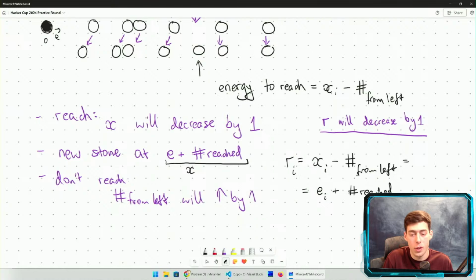But what's its index from the left? That's just the number of stones it reached plus 1, right? Its index from the left is the number of stones it reached, plus 1, because all the stones it reached, it jumped over. So minus number reached plus 1. And so these cancel. And we just get Ei minus 1.